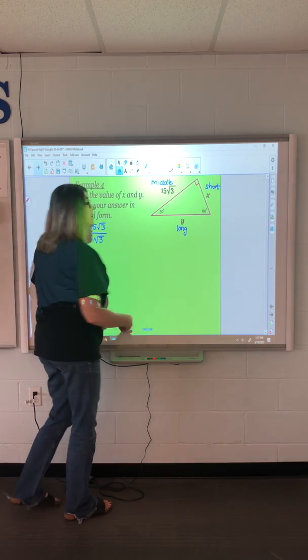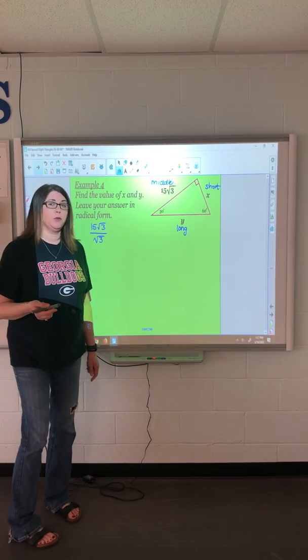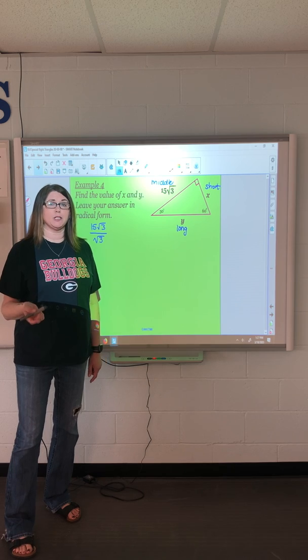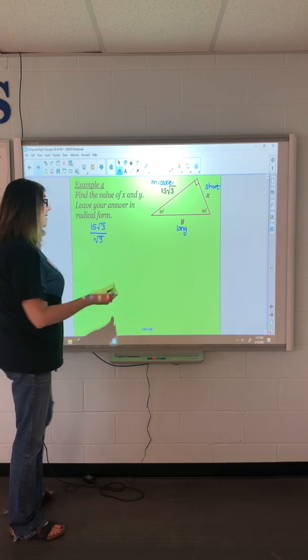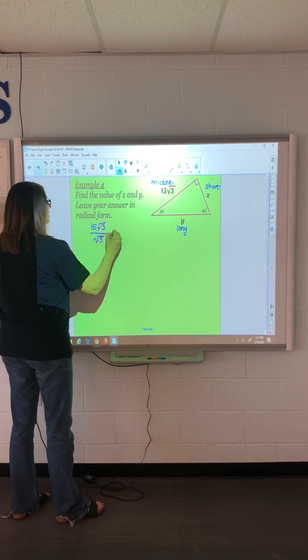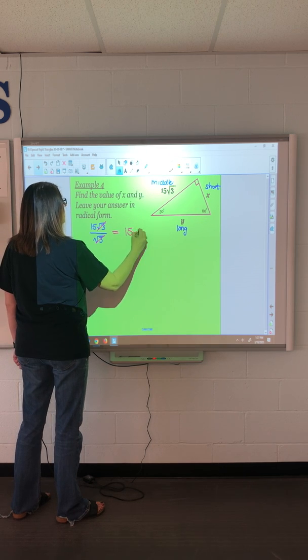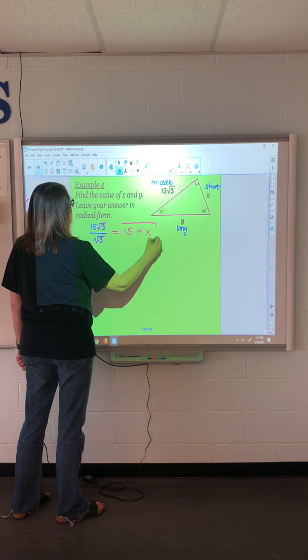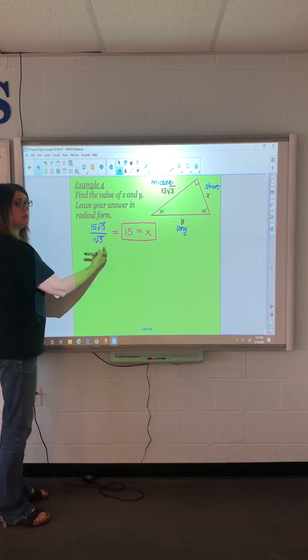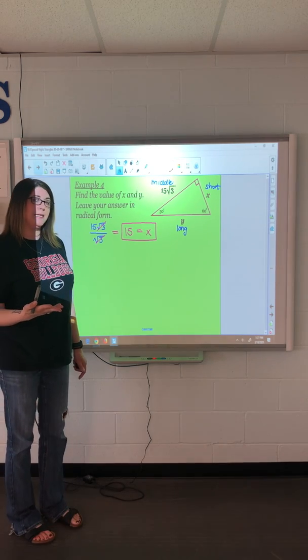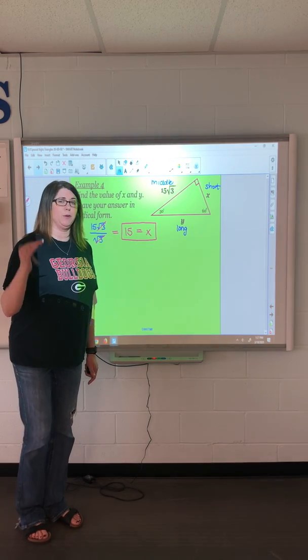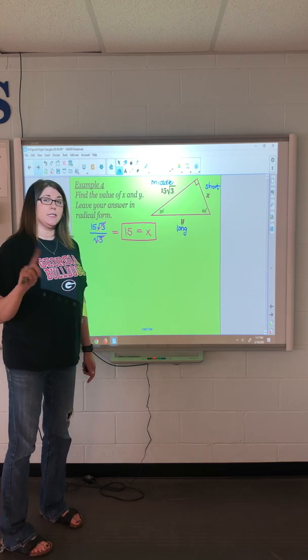And here's what I noticed right away. I have a square root of 3 in both the top and the bottom of my fraction, and guess what happens? They cancel each other out, and that leaves us with 15, and that's my short side. I didn't need to rationalize the denominator because I had the same factor in both the top and bottom, and that divides and turns into a 1.